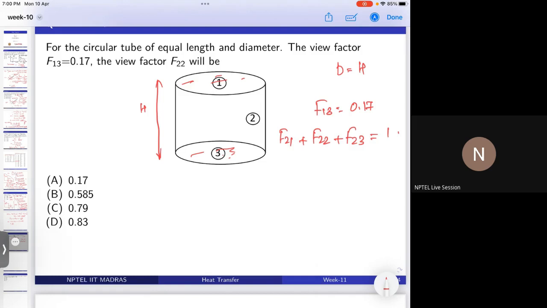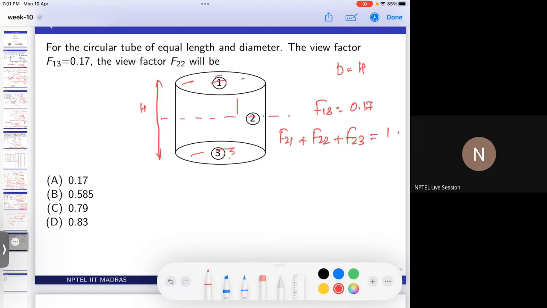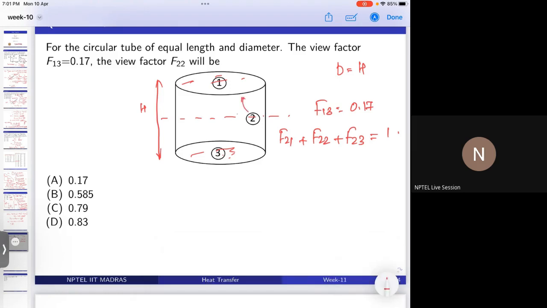That means the radiation from this second surface will fall onto the first surface, the third surface, and as it is curved, some part will fall onto itself. And if you see, as d is equal to h, because of the symmetry, whatever part of radiation is going to here, it will go to here.